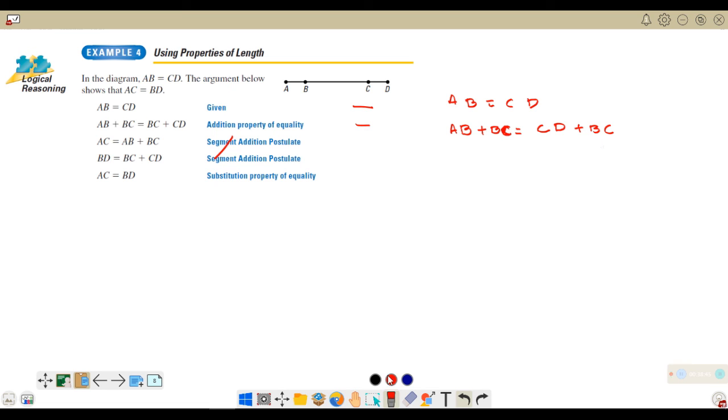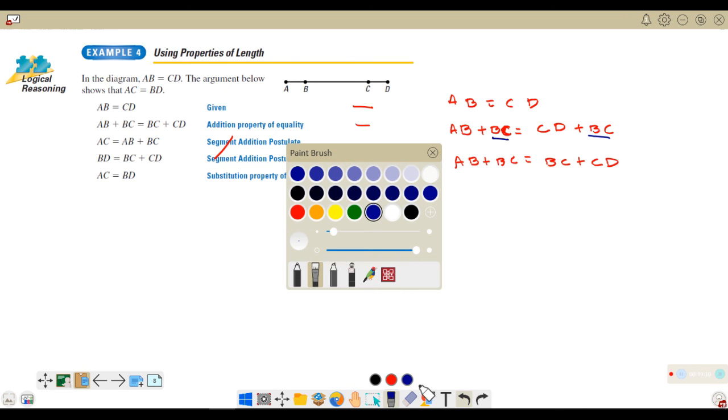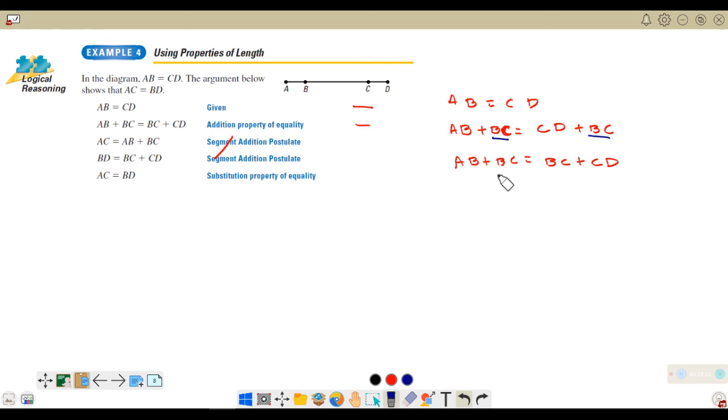So, for the sake of representation, pinakita ko na dinagdag si BC. Pero pwede nyo siyang isulat, of course, katulad nung nasa book na AB plus BC is equal to BC plus CD. Para obvious na, dinagdag natin si BC and continuous yung mga values or mga letters natin. So, common sa kanila si B, common sa kanila si C.